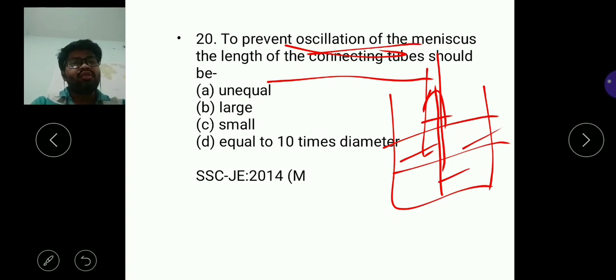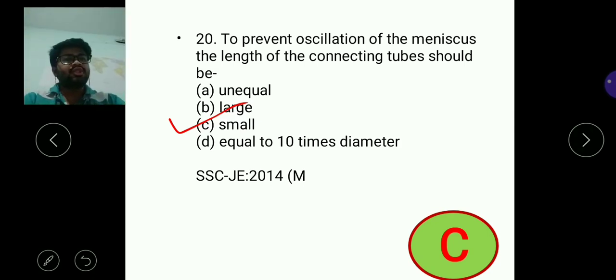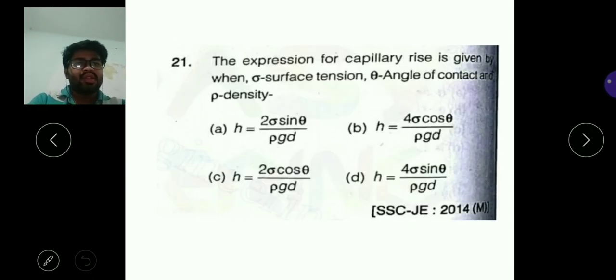So C option will be the correct answer here. So for 20 number, C option will be correct. If we connect a small length connecting tube, then oscillation of the meniscus can be prevented.